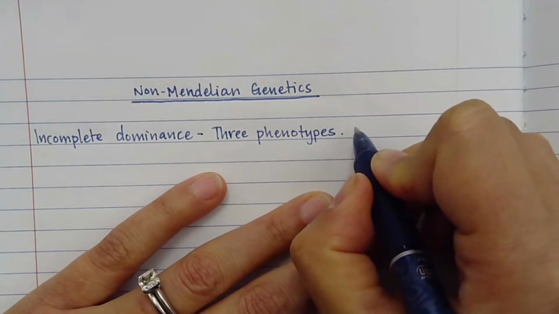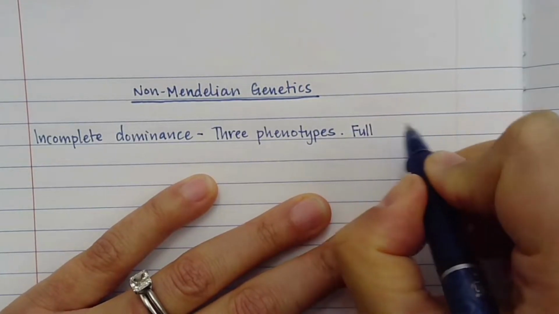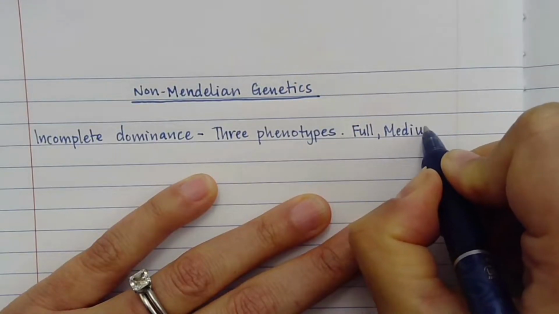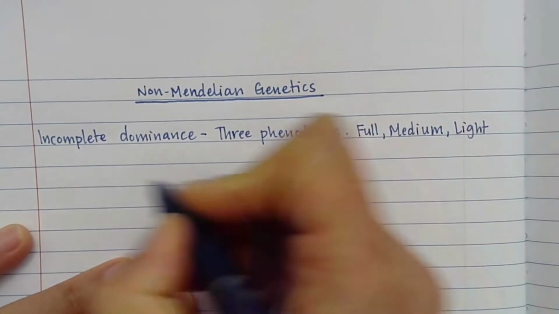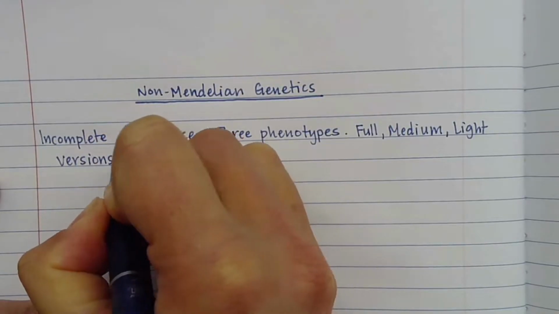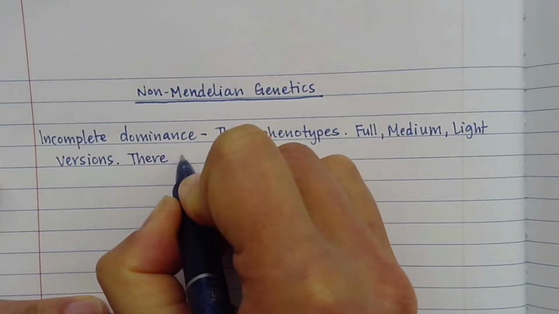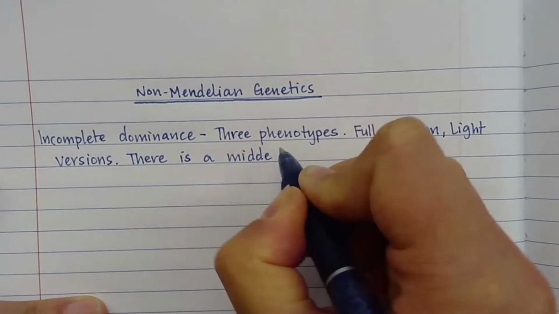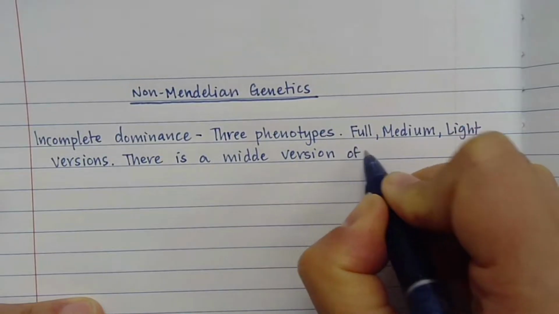So in this case, there's a full, a medium, and a light version. Or in other words, there's a middle version of that trait.